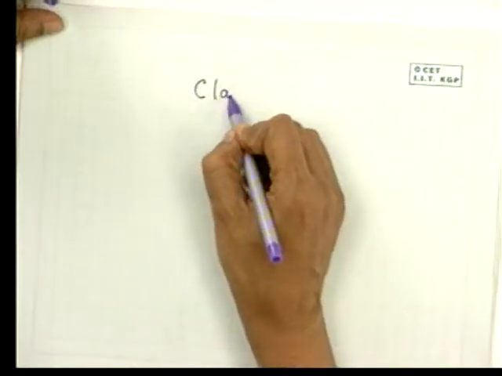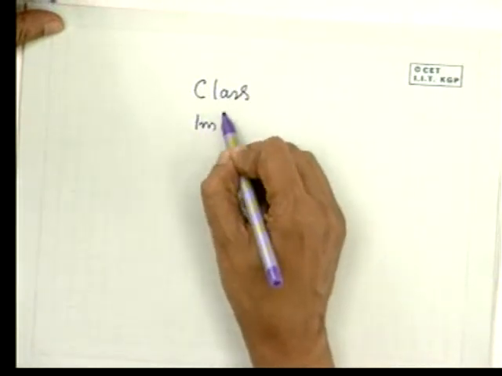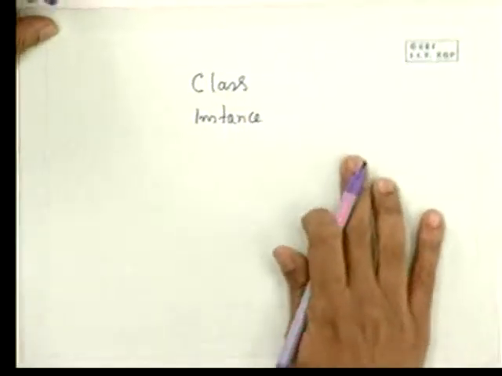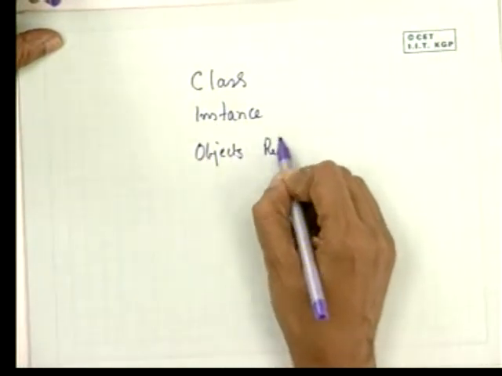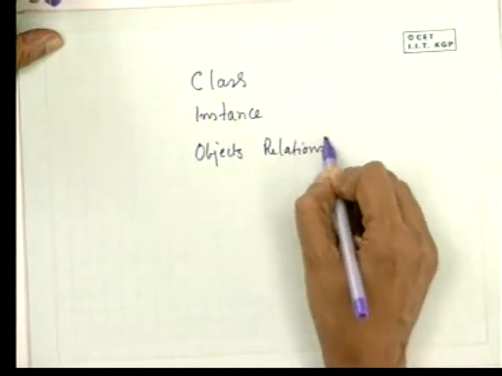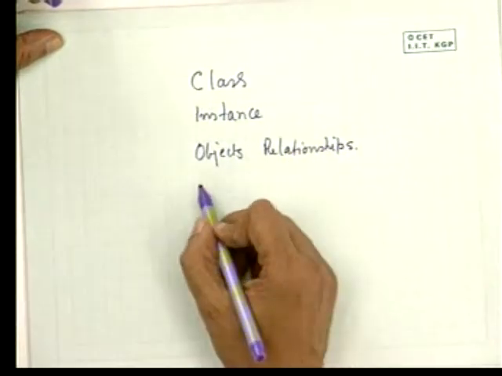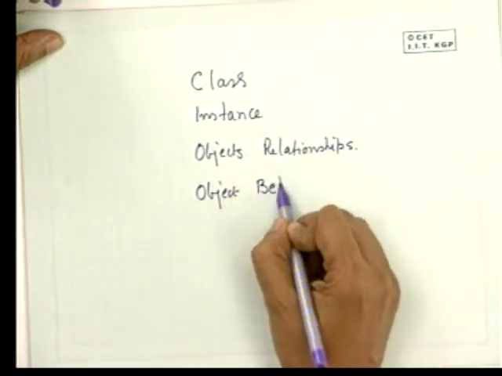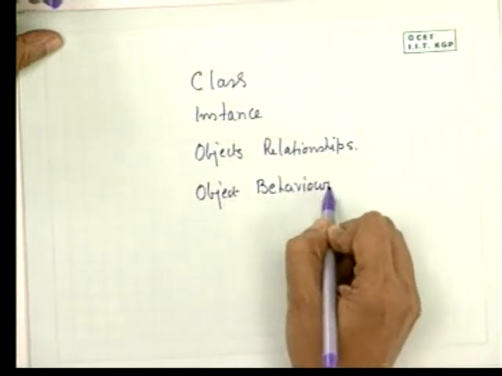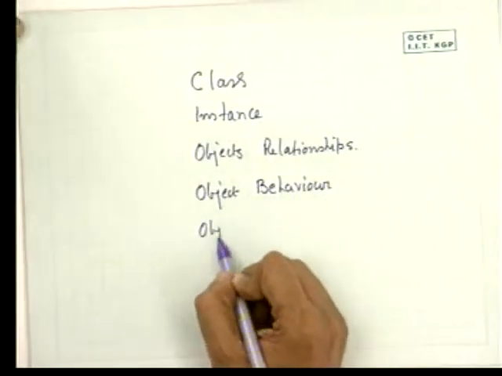We started with the definitions of a class and instances, we have looked at the properties, how objects are in interrelationships, and we have looked at object behavior, which we have said will be defined by object communication.